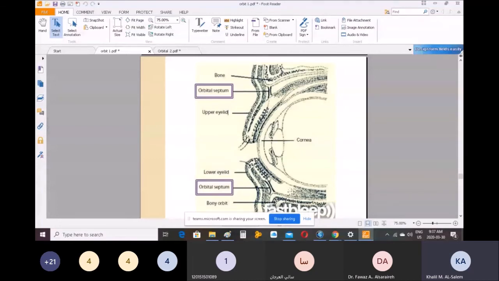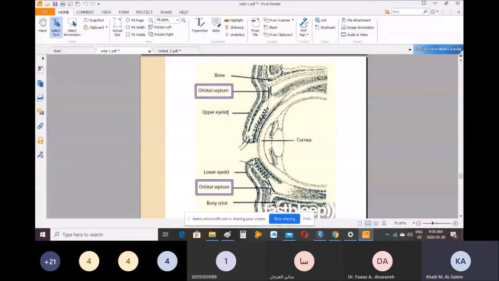It is attached to the lower part of the tarsus. Of course, if the orbital septum is lax, it can allow the fat to go out of the eye, and this will cause a baggy eye, mostly in the elderly.